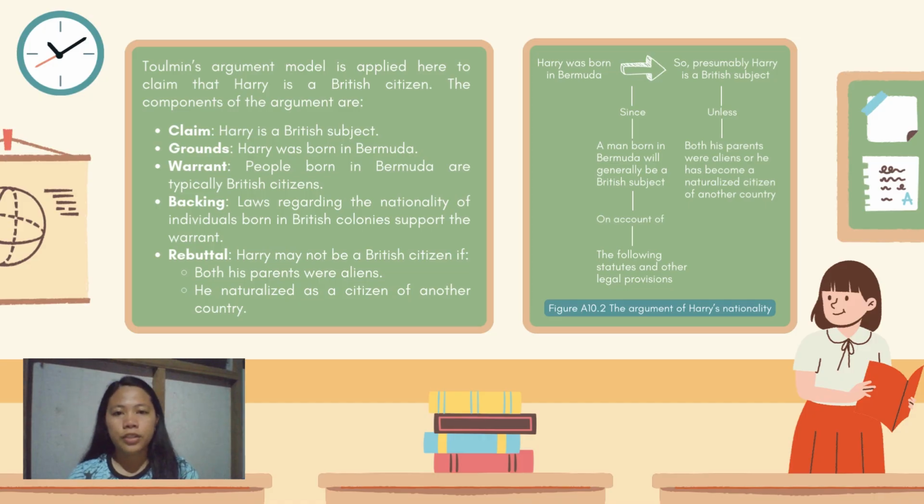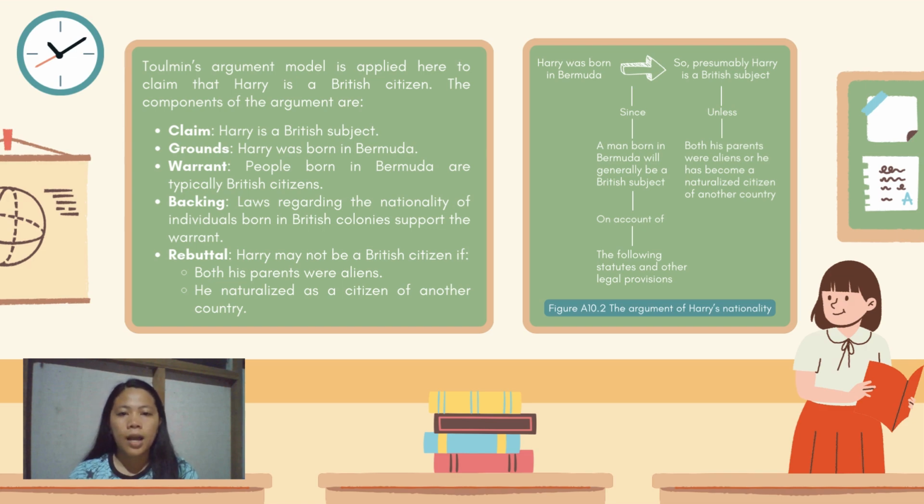Toulmin's argument model is applied here to claim that Harry is a British citizen. The components of the argument are: claim, Harry is a British subject; grounds, Harry was born in Bermuda; warrant, people born in Bermuda are typically British citizens; backing, laws regarding the nationality of individuals born in British colonies support the warrant.